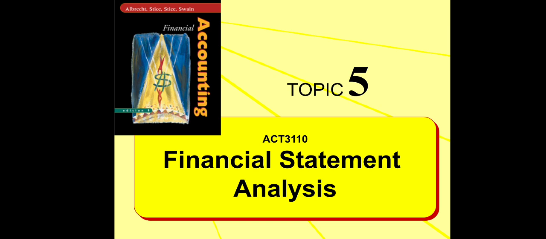In topics 1, 2, 3 and 4, you have learned about how to do accounting record. In order to do the accounting record, you have to follow the accounting cycle. You have learned every step in the accounting cycle from step 1 to step 8 in the previous topic.